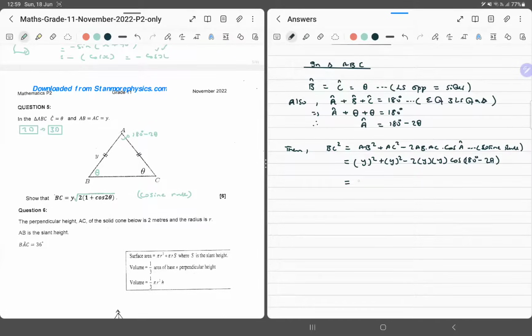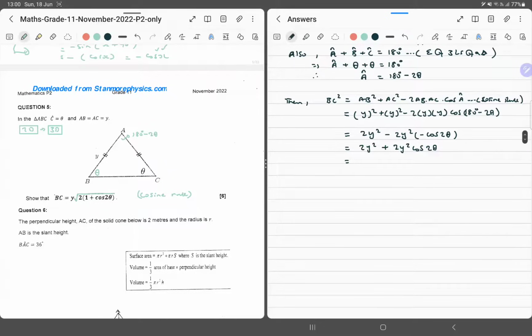So this is going to be 2y squared minus 2y squared. Now into this one, 180 minus is in the second quadrant, so cos is negative. So this is minus cos 2 theta. We're using our reduction formula. This is 2y squared. Now minus times minus is a plus 2y squared cos 2 theta.